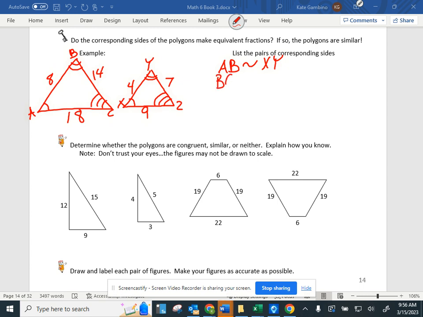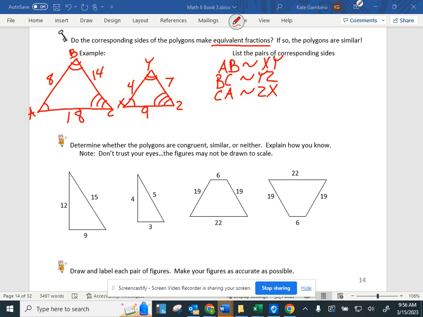BC corresponds with what side, Aiden? YZ. And CA corresponds with what side? ZX.